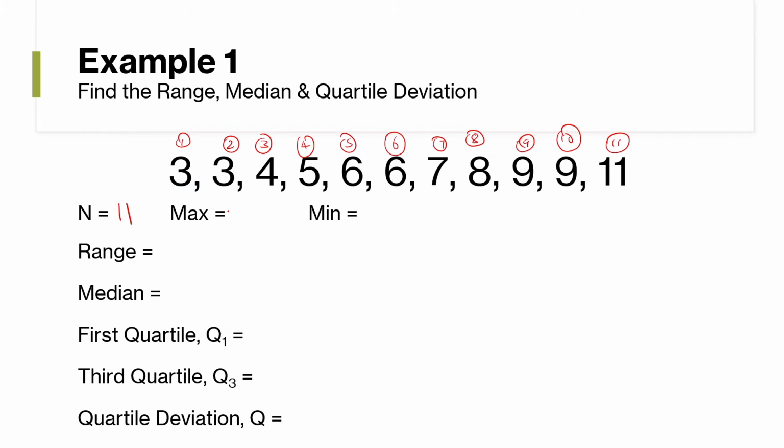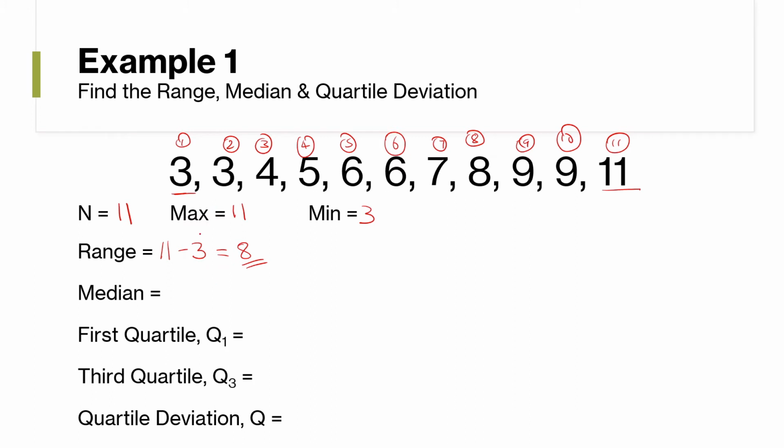The maximum value here is simply 11, since it's already sorted, just pick the biggest number. The minimum value is 3. Just pick the smallest number. Now, range is maximum minus minimum, and that's 8.